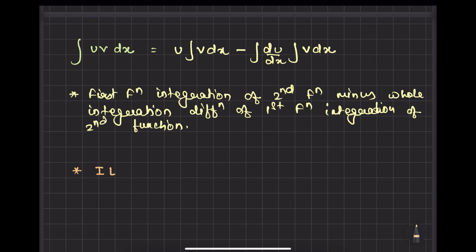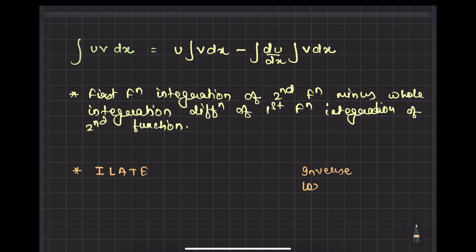ILATE. So this word is important, ILATE. What does this I stand for? I is inverse function: sine inverse, cos inverse, tan inverse. If an inverse function is there, you have to take it as the first function.